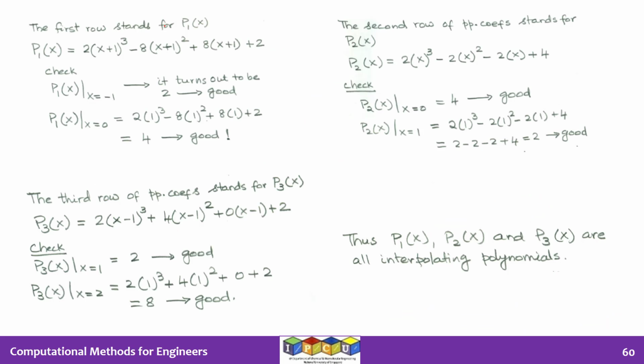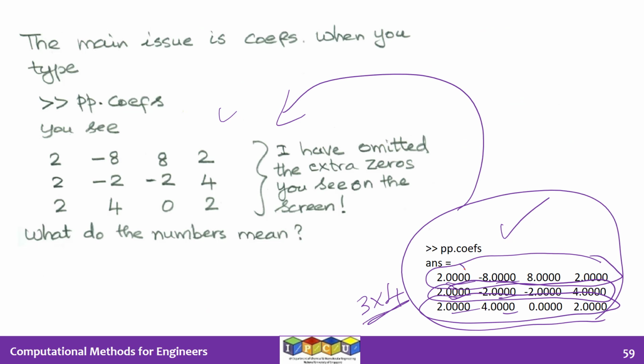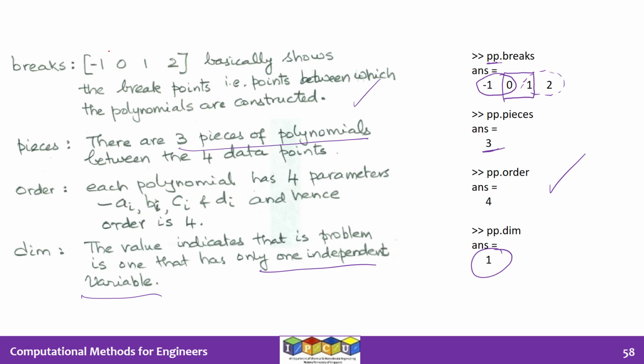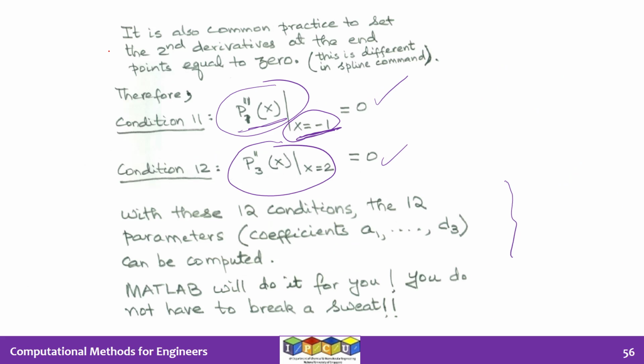The first row stands for P1 of x, and if you put the values 2, -8, 8, 2, it is going to be 2(x+1)^3 minus 8(x+1)^2 plus 8(x+1) plus 2. So it starts from the highest polynomial power and goes till the constant term.